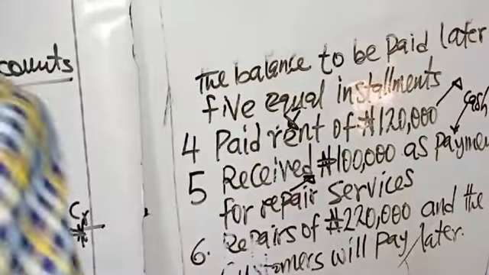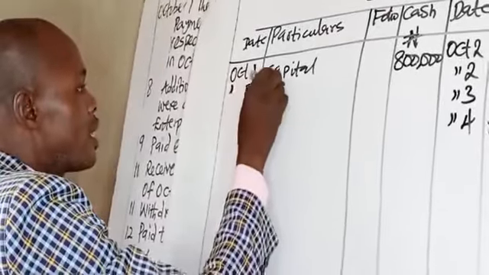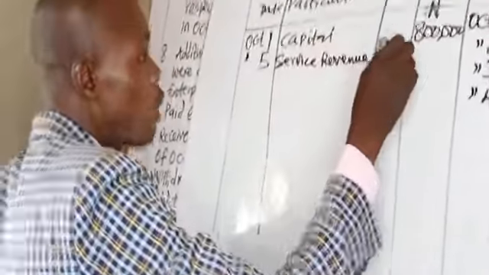So you debit cash account, which is October 5th. You have service revenue. The amount received is 100,000 naira.